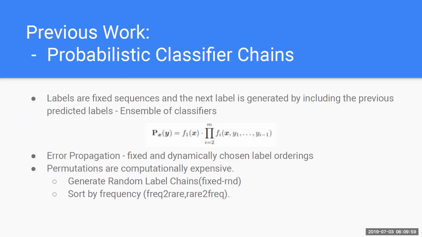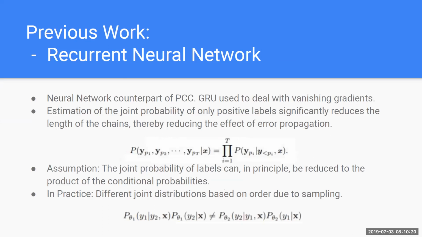So you select a fixed ranking of the labels and train your ensemble of classifiers. But as you go forward in the ensemble, your errors are also going to be propagated, which is going to reduce your subset accuracy.